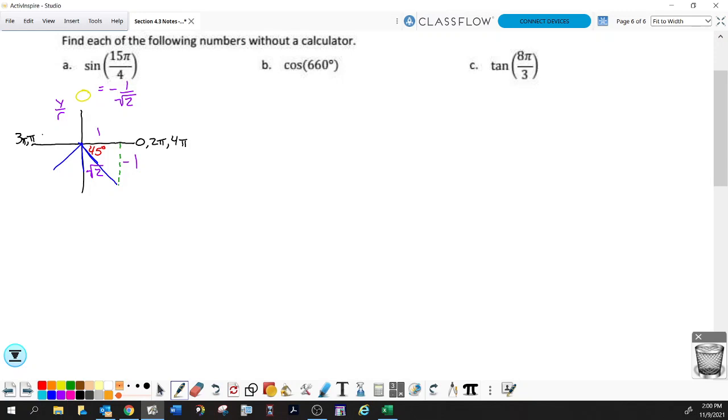You can either say it is 300 degrees past 2 pi, which is 300 degrees past 360 degrees, or you could realize that 360 times 2 is 720. Either way, it's 60 degrees before 4 pi.